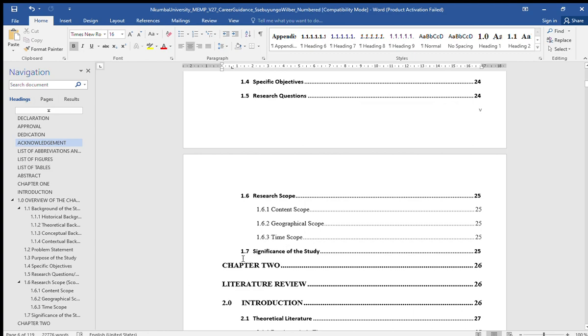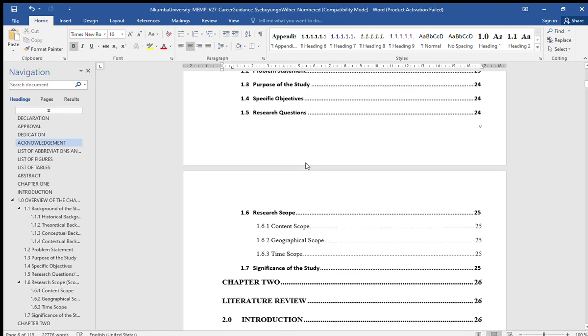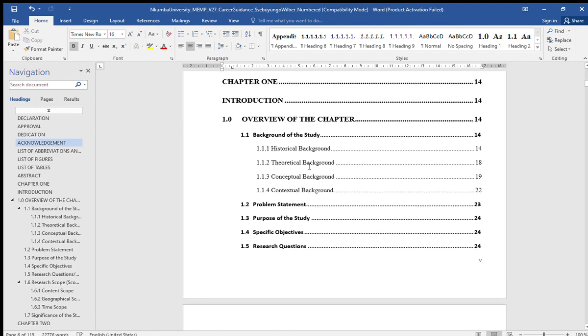Then you have 1.7 called significance of the study. That one, I think, answers the first request that Mr. Samuel presented, that we need to revisit and see the structure of chapter 1. That is how chapter 1 is. Okay. Then now let us look at the content that goes in the chapter.